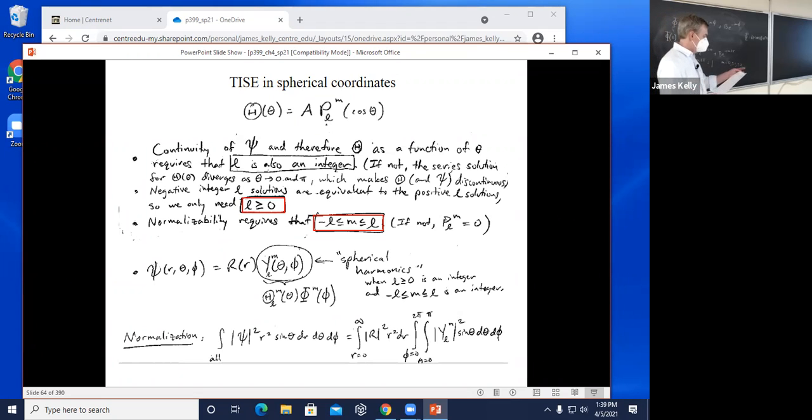And mileage varied on the very first problem, the proof. It seemed like people either pretty much knew the proof or they didn't really know which way to go on how to prove that. But that was one of the things I mentioned that you should know for this exam. So if you have any questions when you look at the solutions, let me know.